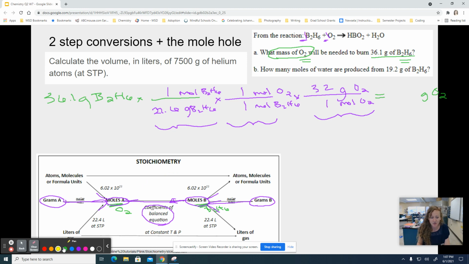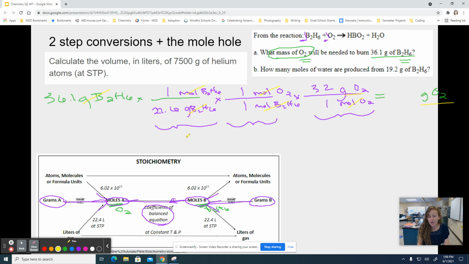So now let's double check that we've set it up correctly. Do all my units reduce? Grams B2H6, grams B2H6, moles B2H6, moles B2H6, moles of oxygen, and I'm left with the unit that I want in the end. There's a pretty good chance that I set this up correctly.